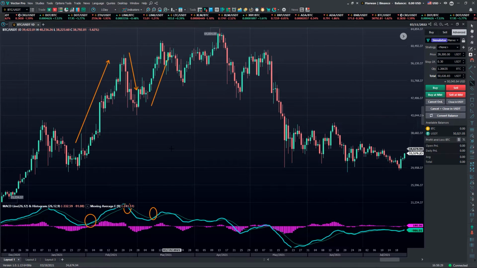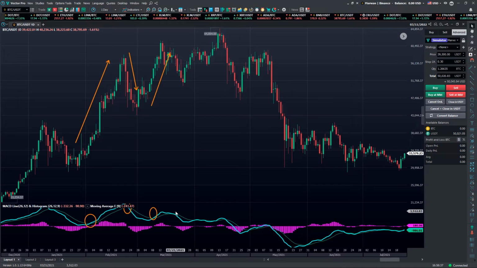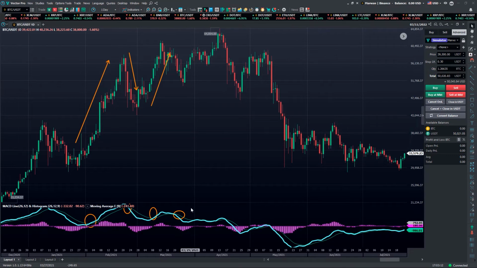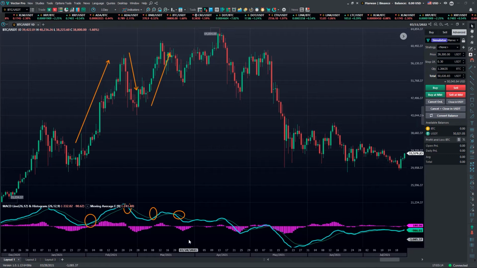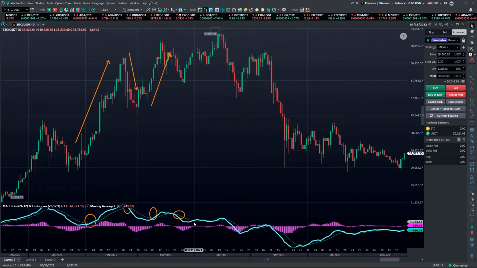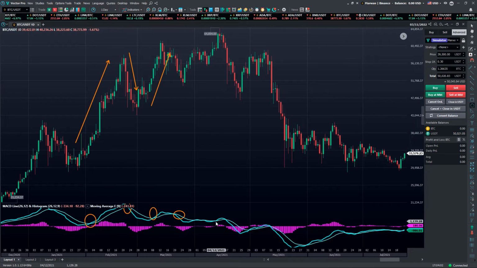So if we placed a buy order at this crossover point, we could have held our position up until the next crossover point, which takes place right here. This fourth crossover point, we can see that our MACD line barely crosses over below our trend signal line. And it's almost as if these 2 points meet or are touching up until our next crossover point, which takes place right here.